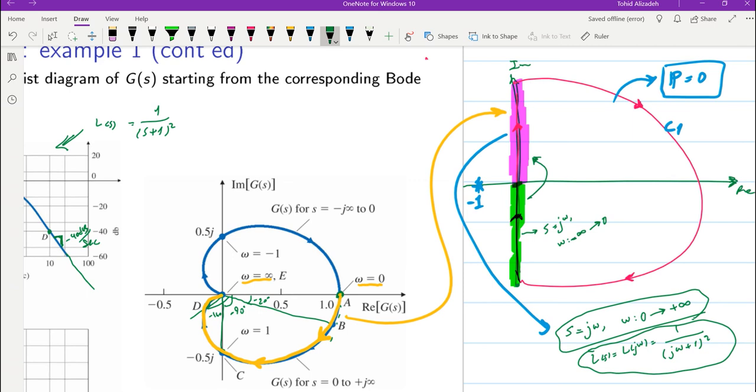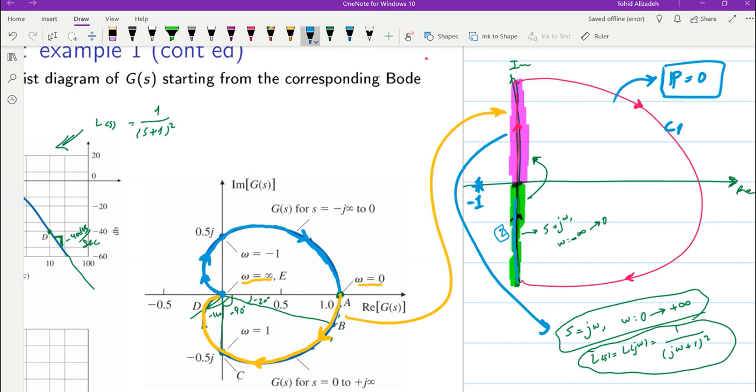And therefore, we will have, let me maybe use another color, the segment number 2 mapped into what you see here. This will give us the direction. Keep in mind that having the direction is quite important for the Nyquist plot. So we started at the origin, where we have omega equal to plus minus infinity indeed.